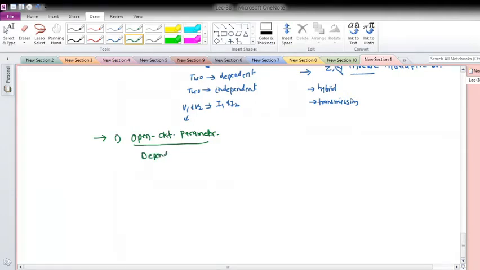In this case, the dependent variables will be V1 and V2, and obviously the independent variables will be I1 and I2.